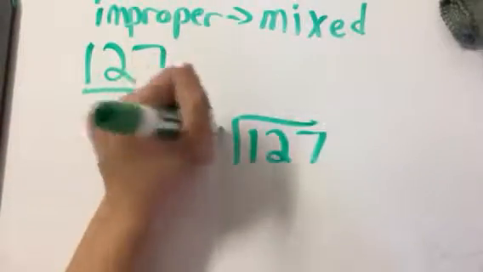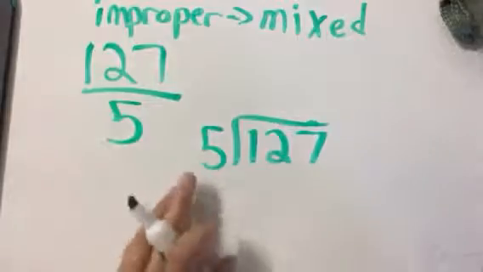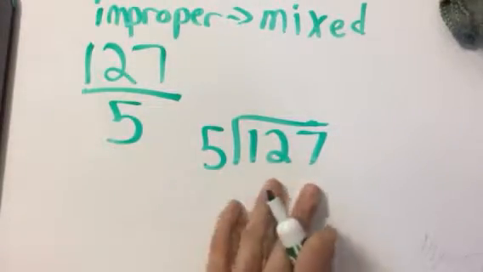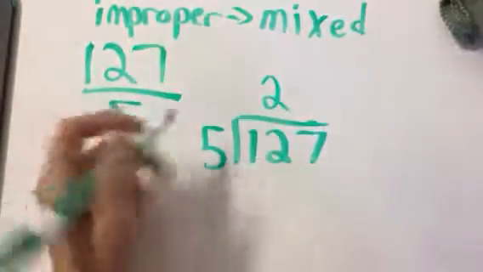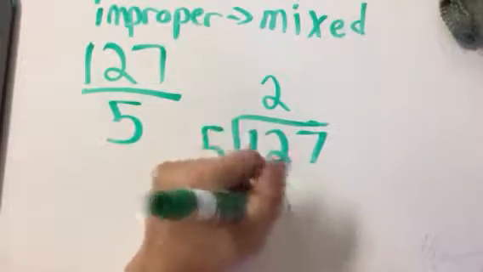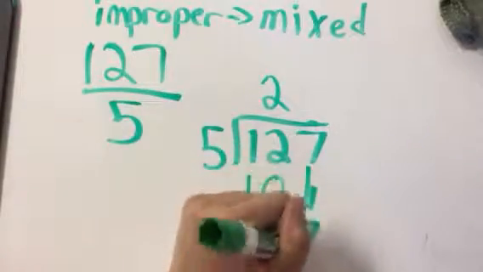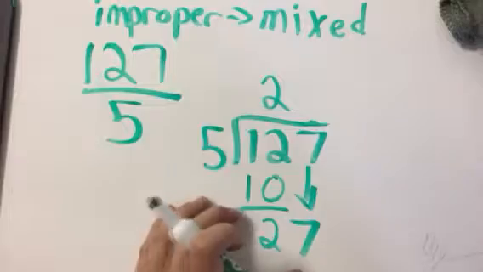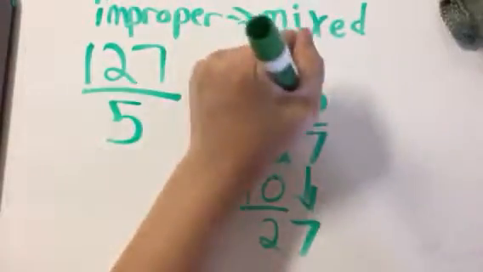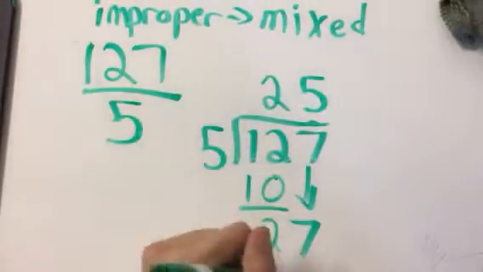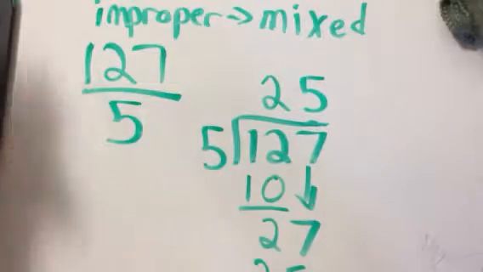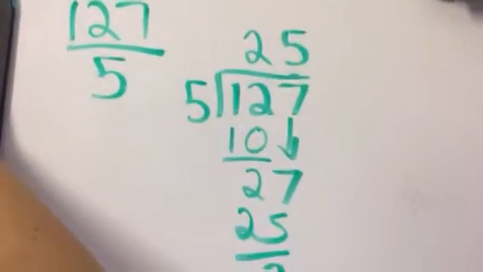Top goes on the inside, bottom goes on the outside. 5 goes into 12 how many times? 2 times, because 5 times 2 is 10. 5 goes into 27 how many times? 5 times. 5 times 5 is 25. And so I have 25 remainder 2.